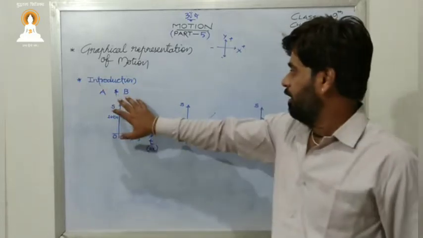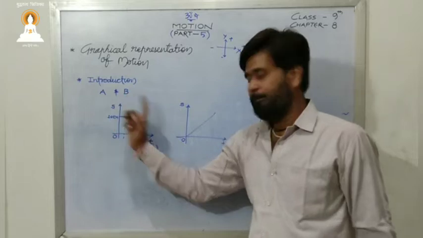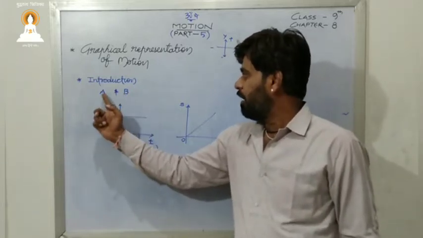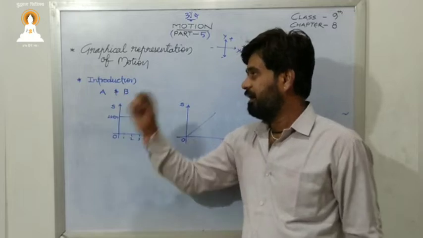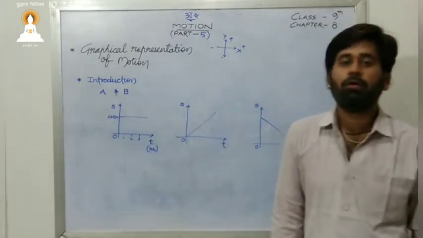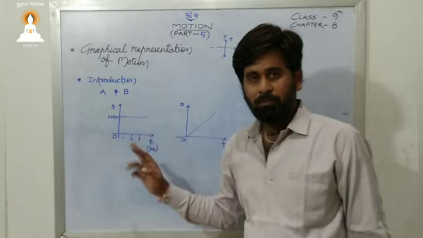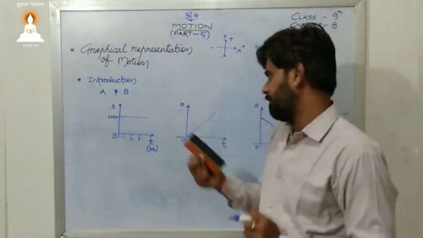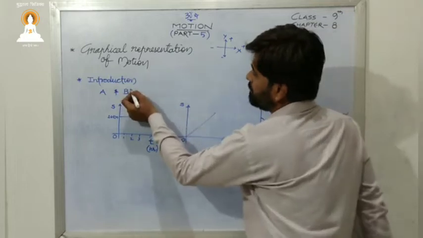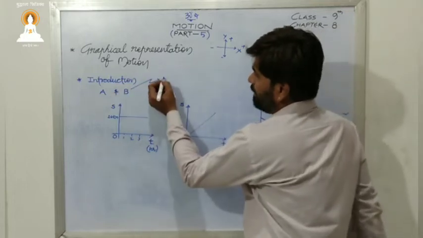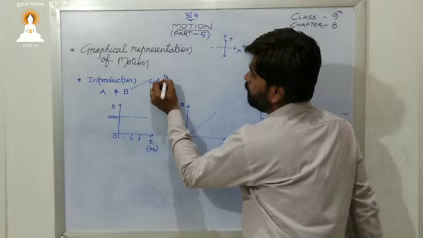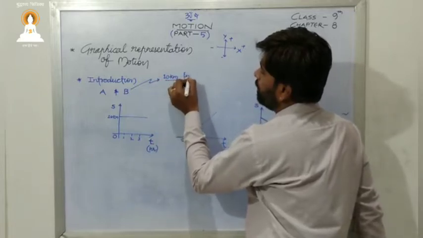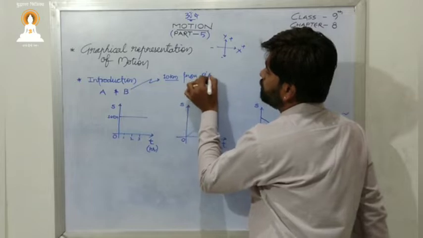Now A said to B that I will meet you at that particular place, so you have to come and then we will move. That particular place was talked about, and it is 10 kilometers away from B's house.